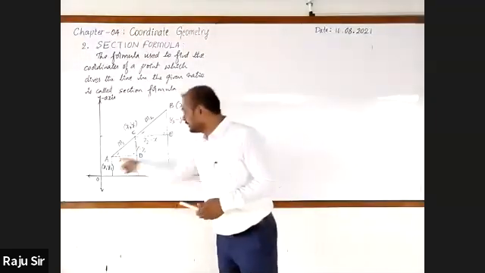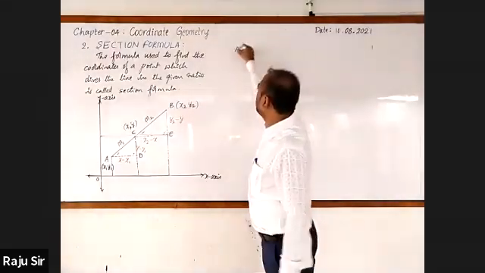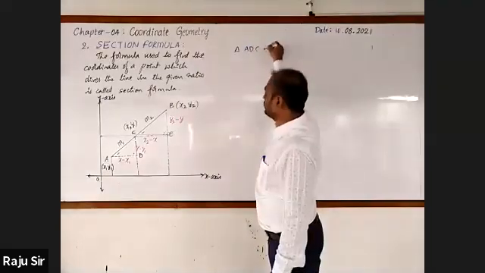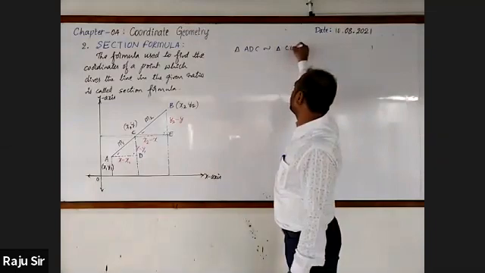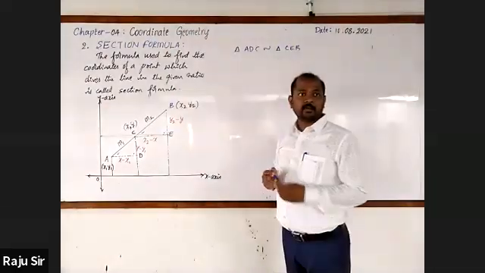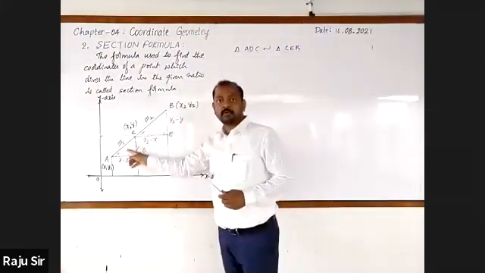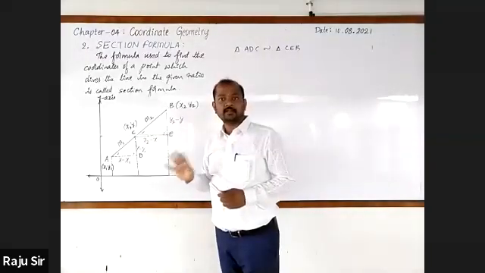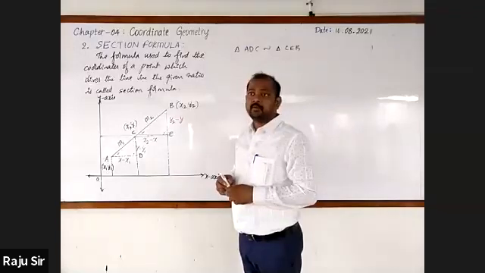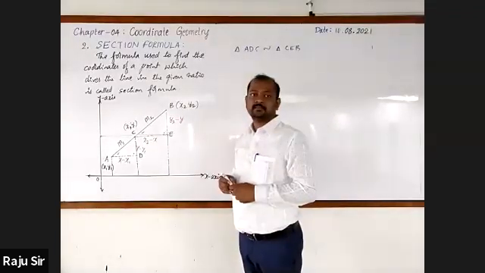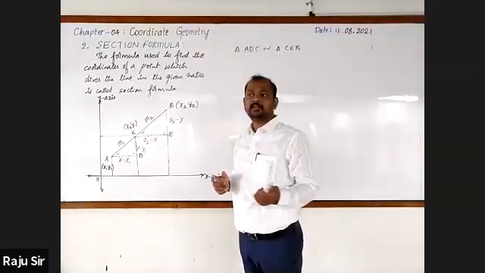Then can I say that triangle ADC is similar to triangle CEB? Now we have come to know that both the triangles are similar. If they are similar, what do you say about their corresponding sides? They are in proportion, sir.